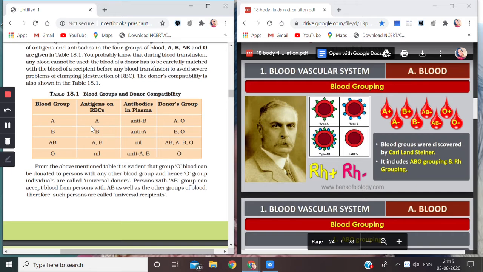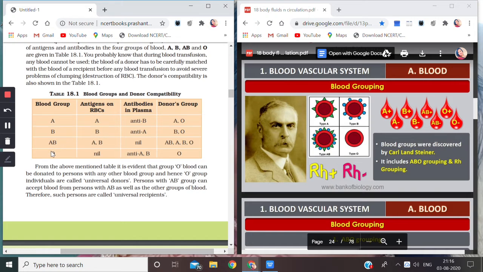Understood? Now if this person was given blood from the AB blood group, though there is A, so the body will accept that, there is also B antigen, and this person's body is anti-B, so it will reject this blood group too. So both these blood groups will be rejected.